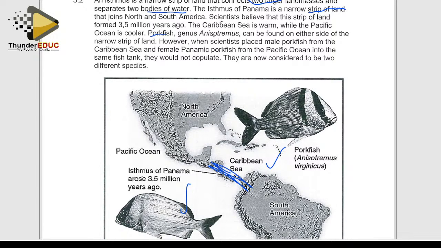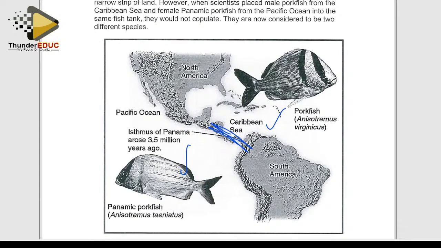However, when scientists placed the male porkfish from the Caribbean Sea into the same fish tank with those from the Pacific, they would not cooperate. They are now considered to be separate species. So we have the Caribbean porkfish and the Panamic porkfish.